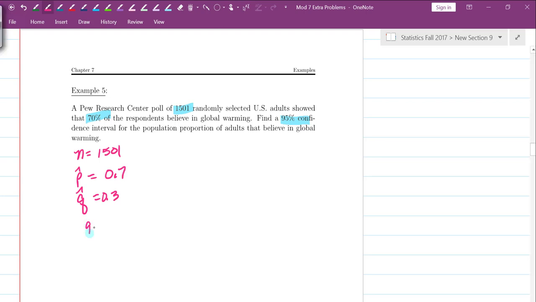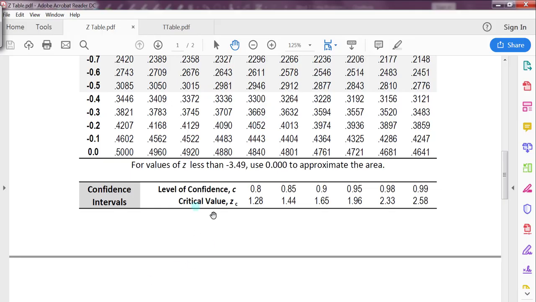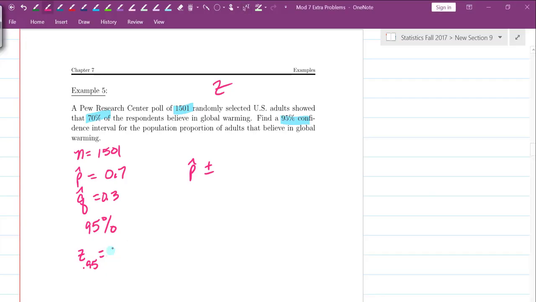We are looking for a 95% confidence interval, so we're going to have P hat plus or minus. And remember, when it comes to proportion, we are always on the Z table. So our Z of 0.95, we'll pull this up, my Z value is 1.96.